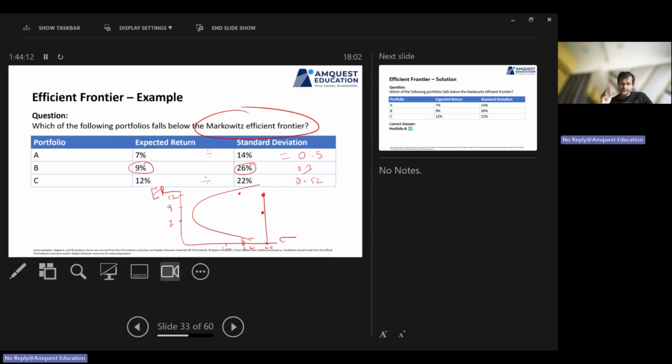Whose risk is so high but the return is not so great? Look, this one gives 7 at 14, which is more risk but more return. This portfolio is taking even more risk but giving less return. Understood? B is worse than C, it is taking more risk and giving you less return. That's not possible. More risk should give more return. So the answer is portfolio B, which is giving you lesser return for a higher risk. Clear?